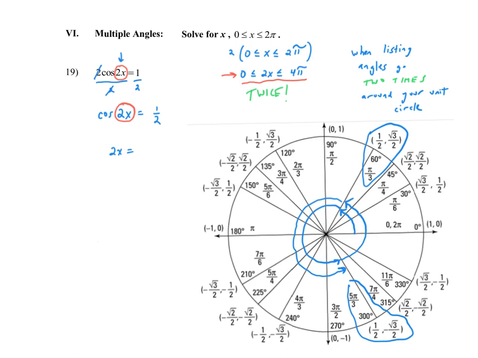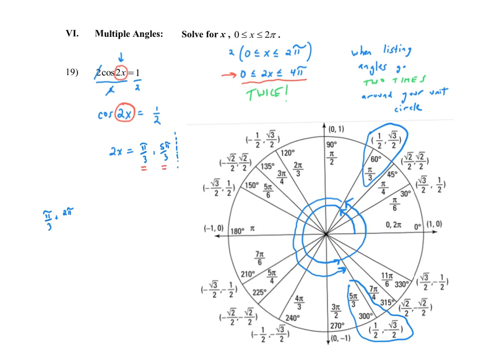So let's summarize. When it comes to listing the angles, we need the angles where cosine is 1/2. We got pi over 3, 5 pi over 3. That was going around the unit circle once. Now we have to go around again. Every time we go around the circle, just add 2 pi. In other words, just find coterminal angles for these.